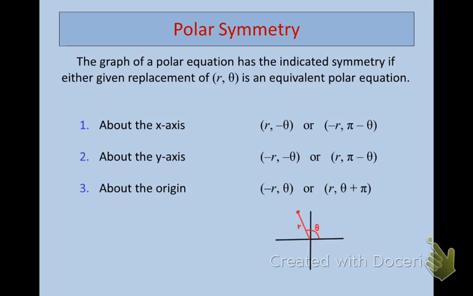If I replace r with negative r, graphically, what does that do? Where does that put me? What quadrant does it put me in if I just replace the r with a negative r? All it does is take me down here, right?